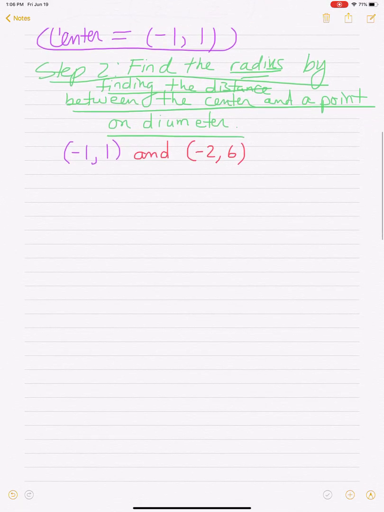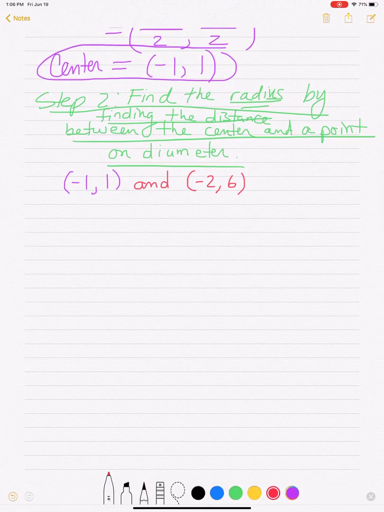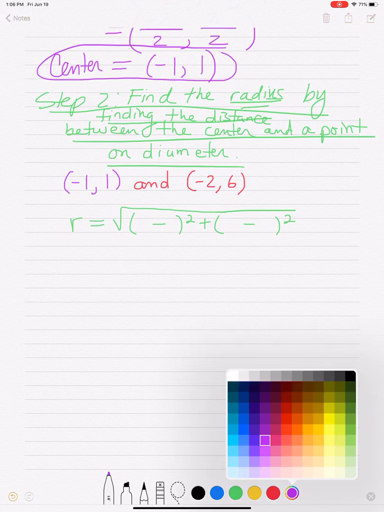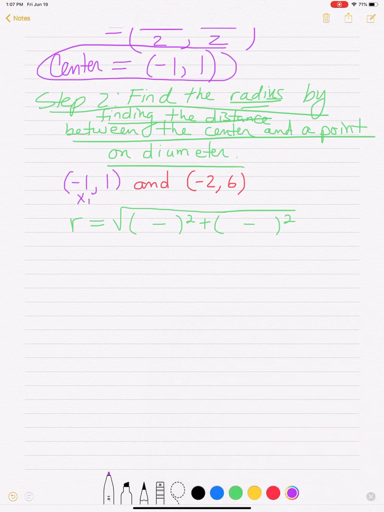So let's call this the radius, r. Rather than using the letter d for distance, we're going to use the letter r for radius. It's going to be the square root of blank minus blank squared plus blank minus blank squared. I'll call this point x1, y1, and this one, in red, x2, y2.